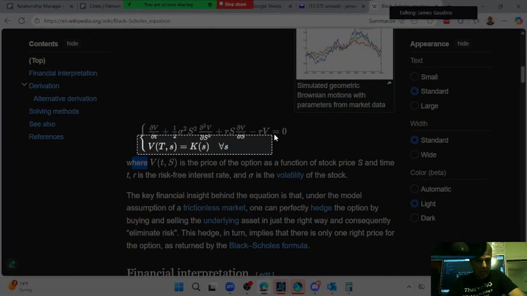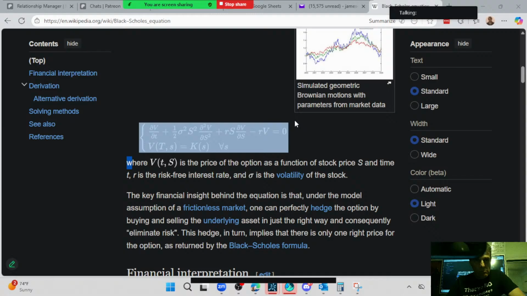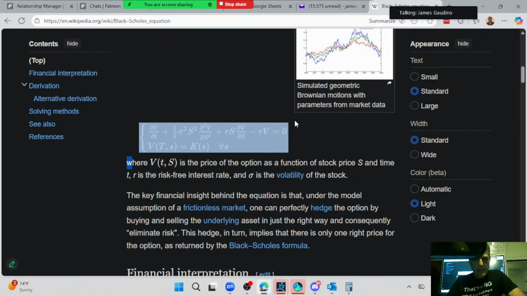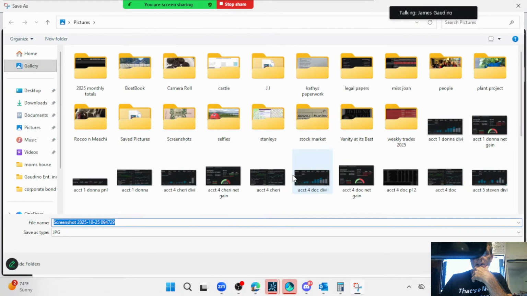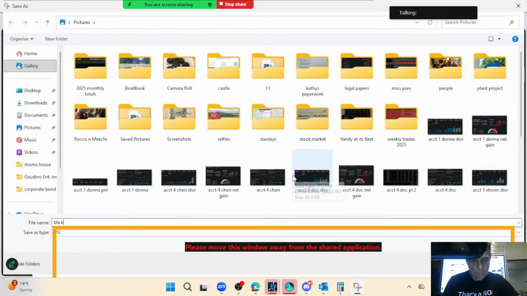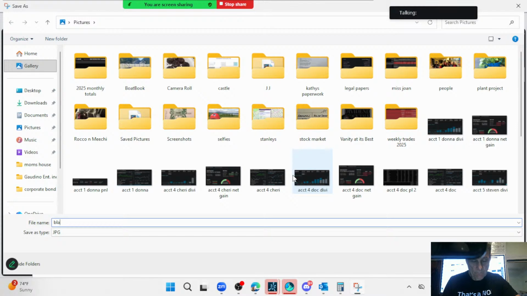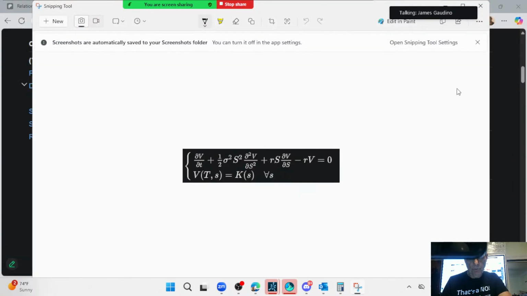There it is. So I'm going to save this, and then I'm going to pull it up. Big. Black-Scholes. All right.